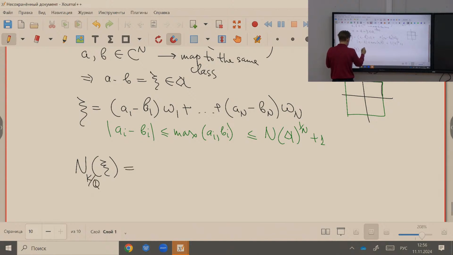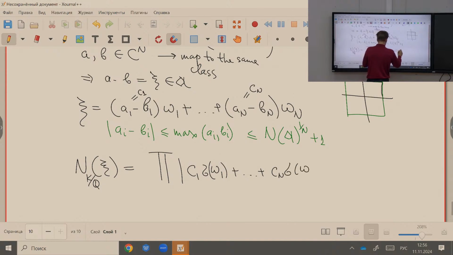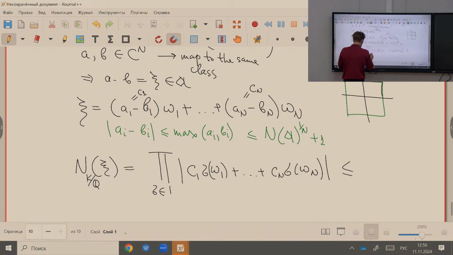The norm of psi can be calculated via the formula obtained by the embeddings, the product of sigma of c_1 omega_1 plus and so on up to c_n omega_n, where sigma runs through all embeddings of K into Q bar.